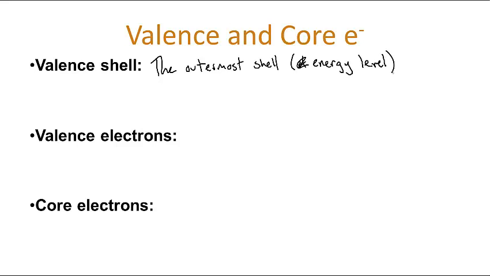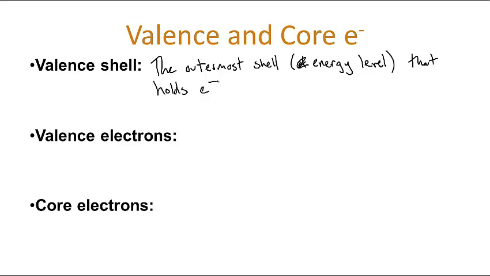So the valence shell is the outermost energy level that holds electrons. And because electrons are what are responsible for all bonding, this valence shell is extremely important because these are the ones that do the bonding. It's not the electrons in the middle that are closer to the nucleus that do the bonding. It's the electrons on the very outside.